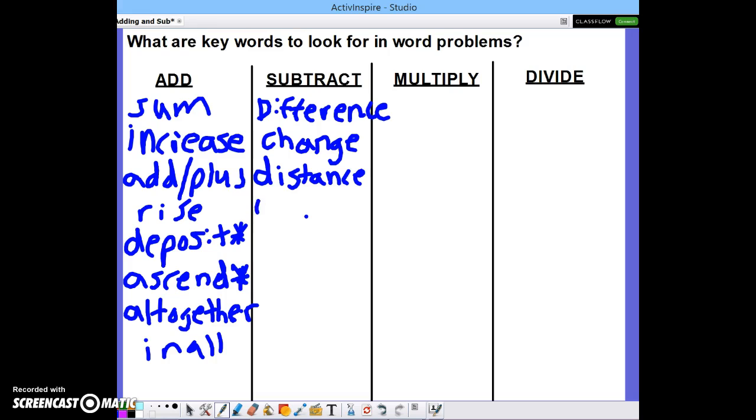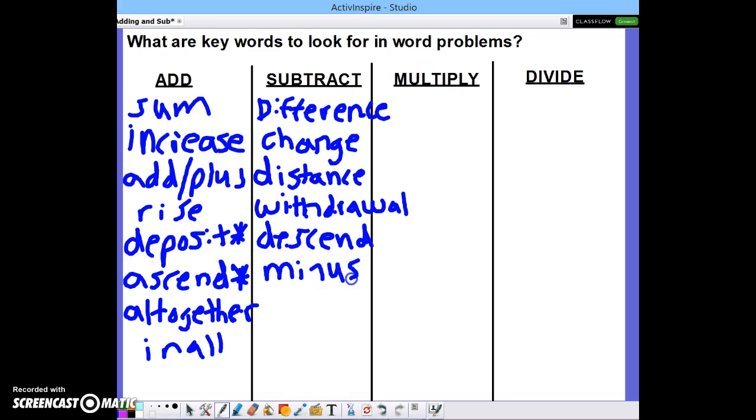Withdraw, meaning to take money out of your account. And I'm going to go a little bit over into the multiply side. Descend, so to go down a flight of stairs. Minus, take away, and leftover.